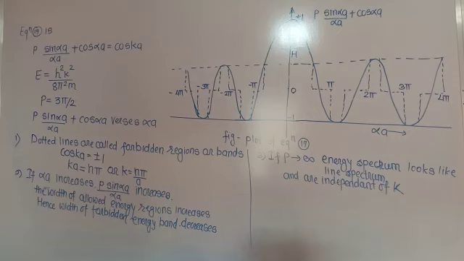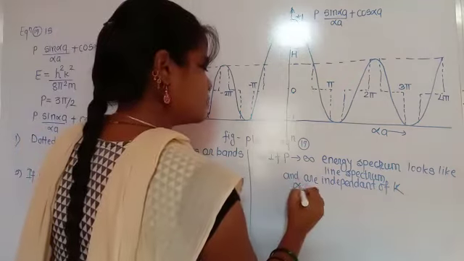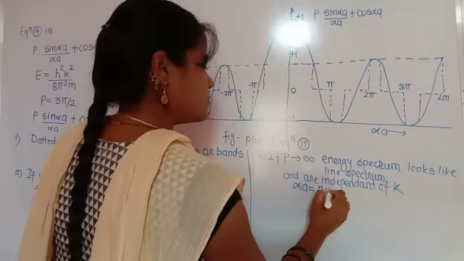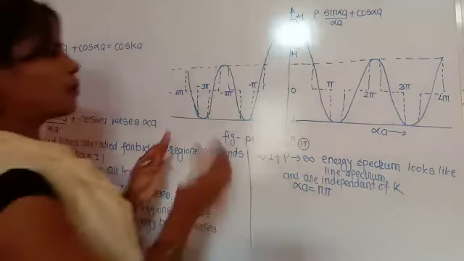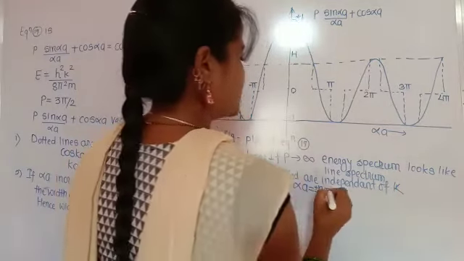And when P tends to infinity, the allowed energy ranges of alpha reduce to points given by alpha a is equal to n pi; here the value is plus and minus 1, so we take plus minus n pi.